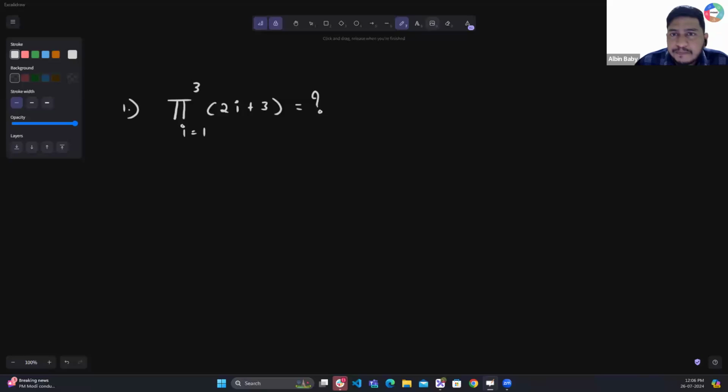So let's see. So i is in the range from 1 to 3. i is going from i equals 1, times, I am writing full stop, i equals 2 times i equals 3. So if you substitute the value of i into the sequence, how would it look like?